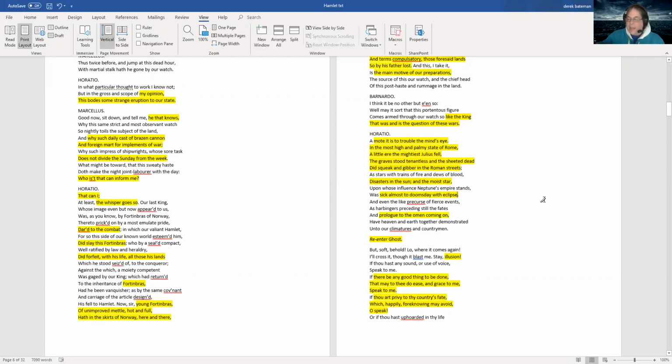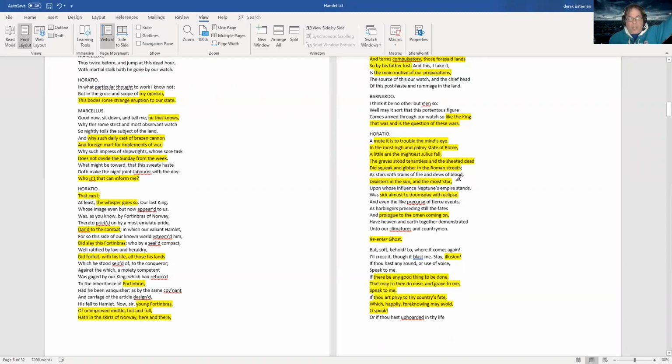What he's saying is, when Julius fell as emperor of Rome, before it happened, there were disruptions in nature: sheeted dead, ghosts, stars, disasters in the sun and the moon.